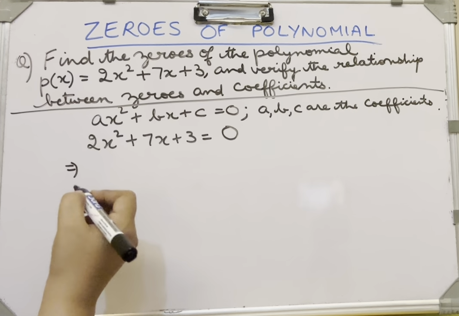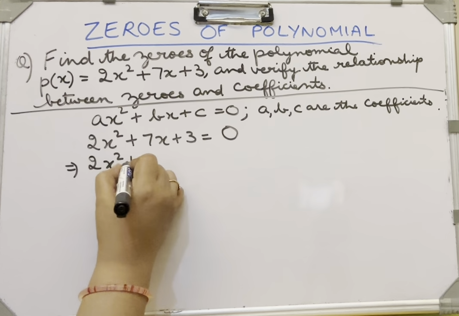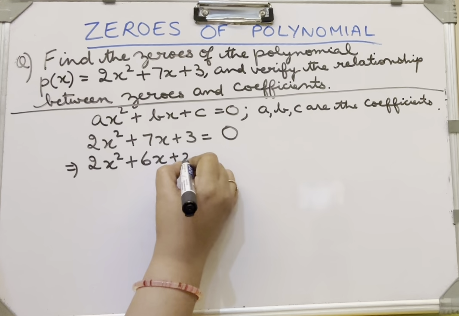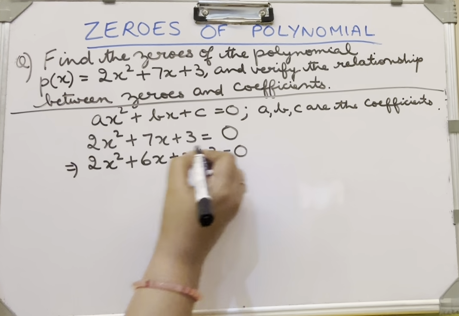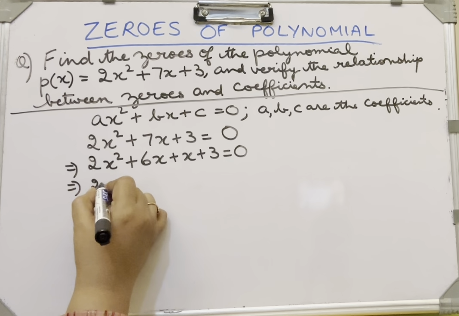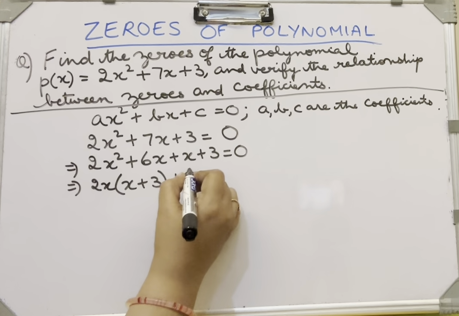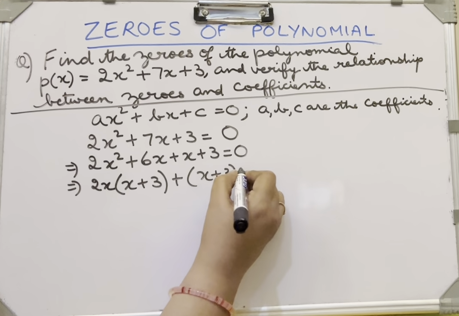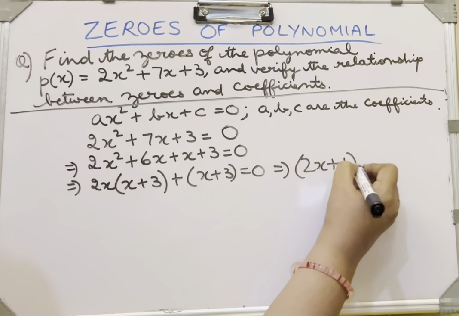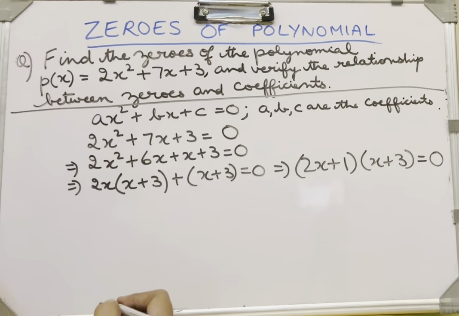Let's solve this as we solve any quadratic equation. So 2x square plus, now we will split 7x as 6x plus x, plus 3 is equal to 0. Taking the common terms, 2x within bracket x plus 3, plus x plus 3 is equal to 0. So this follows 2x plus 1 multiplied by x plus 3 is equal to 0.